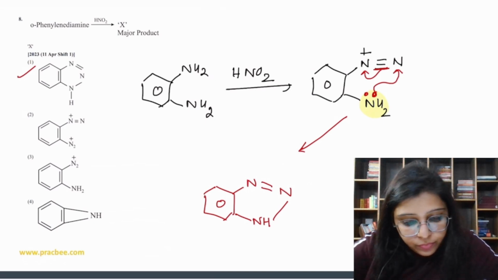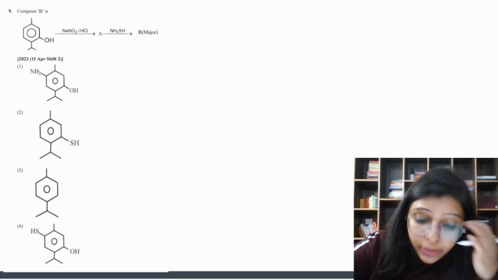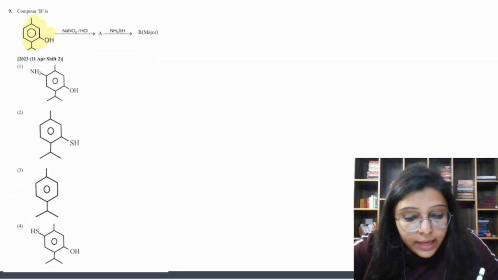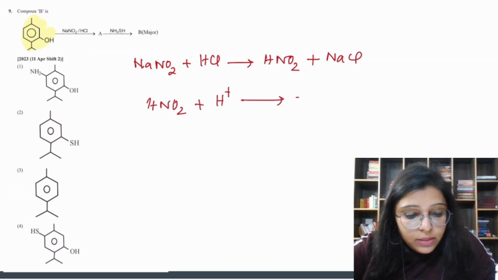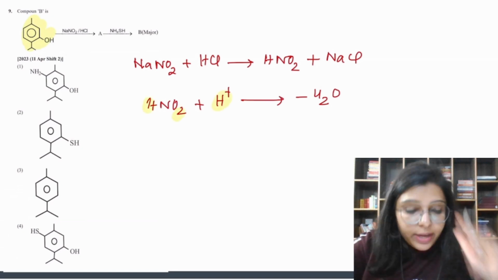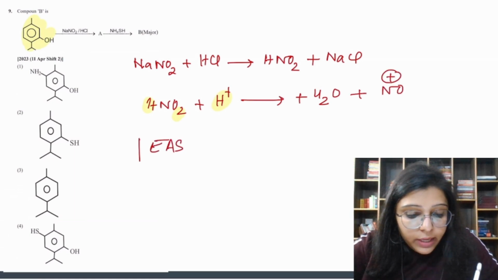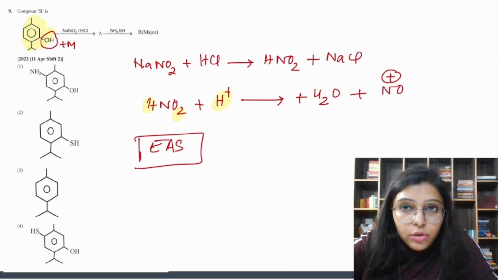Now next question. NaNO2 and HCl. If you see this, we do not have NH2 and we do not have aniline. So NaNO2 plus HCl gives HNO2 plus NaCl. Now HNO2 in the presence of acidic medium, what happens? Removal of H2O, so we form NO positive. So here we do electrophilic aromatic substitution with respect to OH, because here we have the plus M effect and that is the dominating effect.